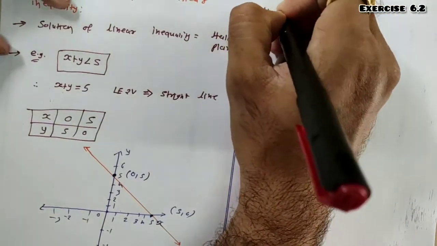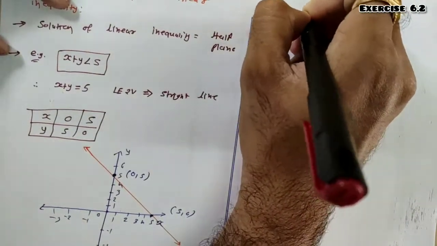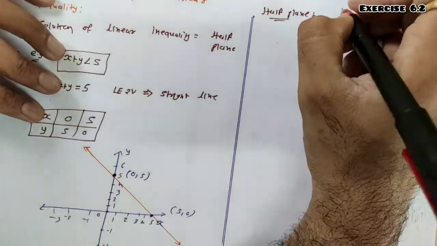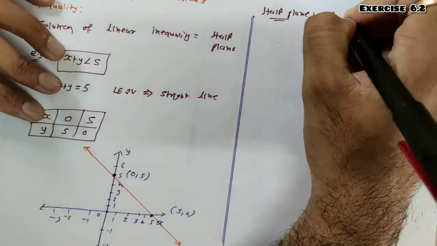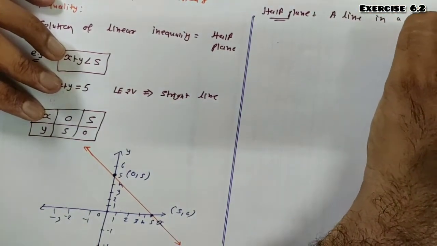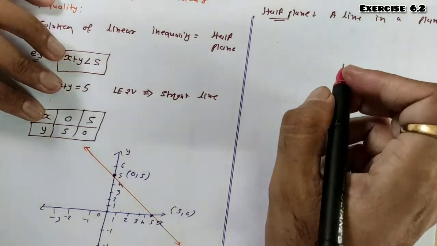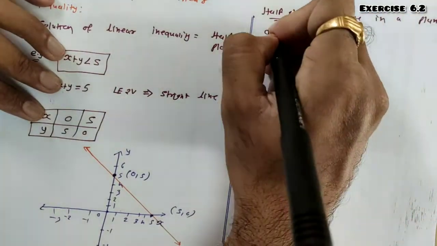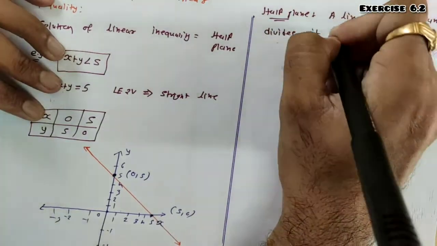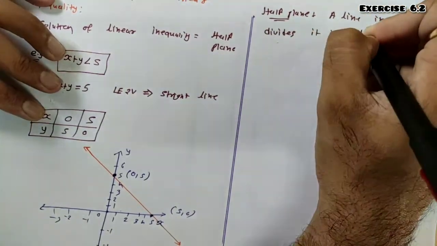So what is a half plane? A half plane is nothing but the division of a portion of a plane. A line in a plane divides it into two half planes.